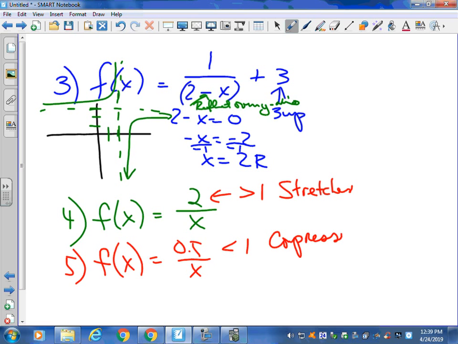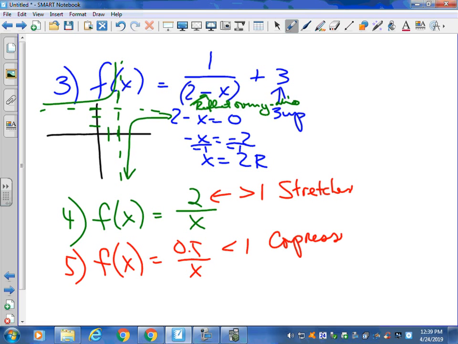Now, we don't have to say compress vertically or horizontally, because it's not really compressing vertically or horizontally, but that's what it's doing. Now, does that affect the domain and range? No. The only thing that affects domain and range is up, down, left, right. Reflecting doesn't, and stretching and compressing does not affect domain and range.